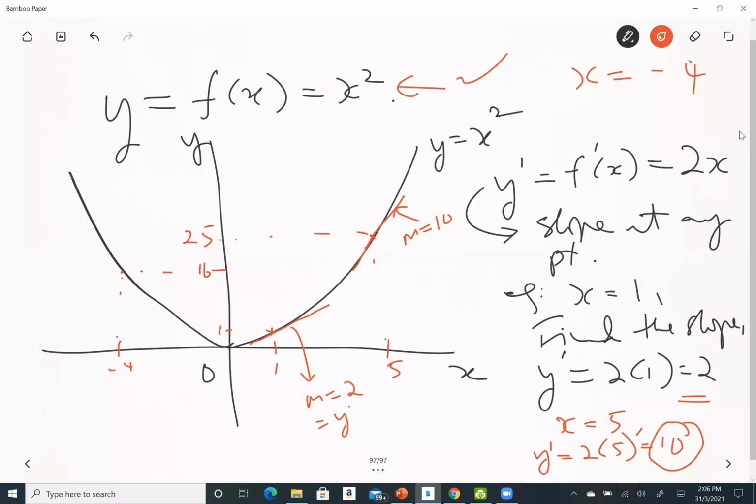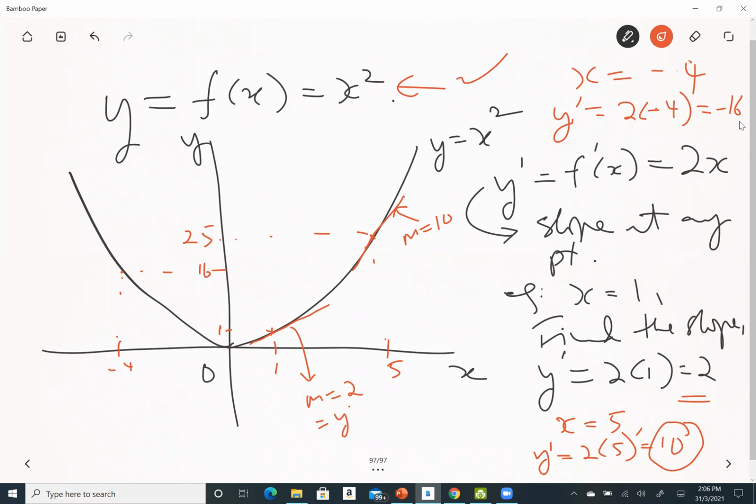And then you want to find the slope. What is the slope at x equals -4? I take y prime, or f prime of x, that will be 2 times -4, which is -16. So the slope is -16.